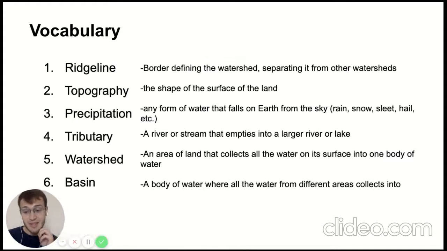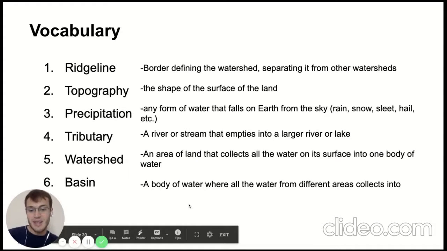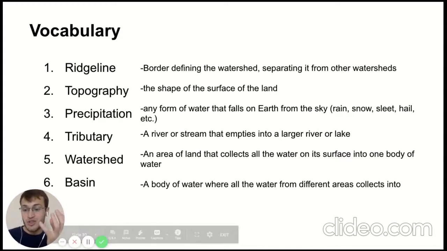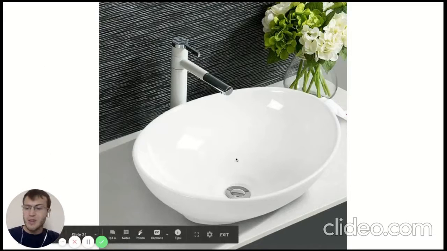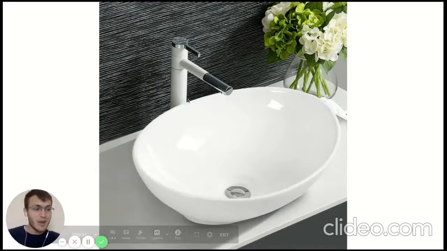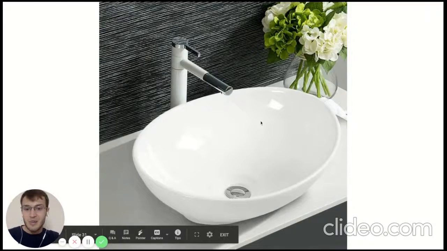Number 6, a basin. So a basin is a body of water where all of the water in a watershed collects. Another word for basin is a sink. So your bathroom sink is a basin because any water that falls in here is going to go to the drain.